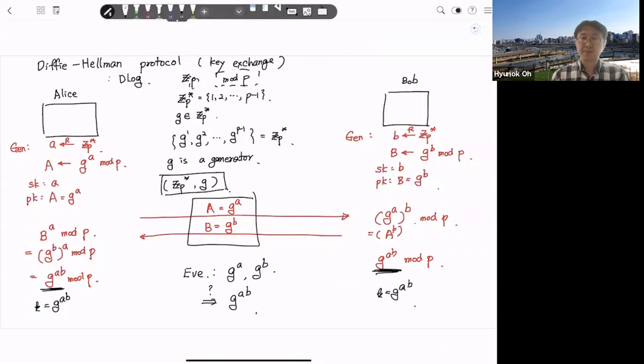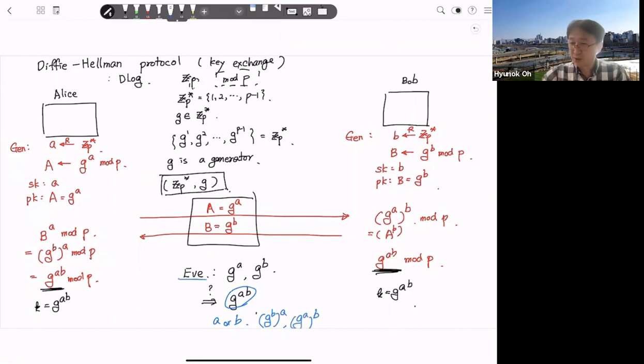What do you think about it? Definitely, if they know the a value or b value, then they can compute the G to the ab value, right? If a is known, then G to the b to the a is G to the ab. If b is known, then G to the a to the b is G to the ab.